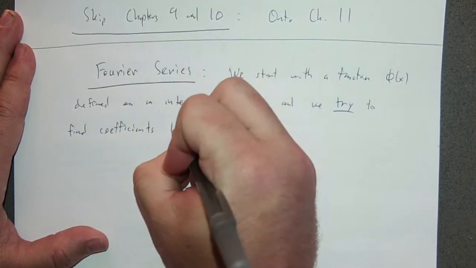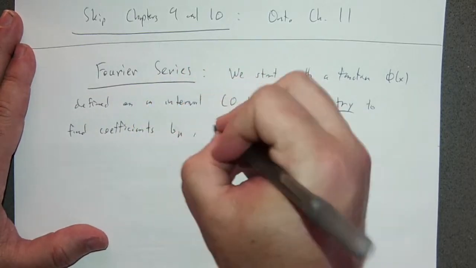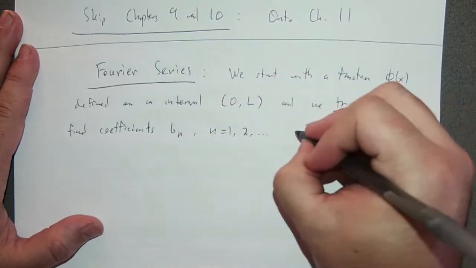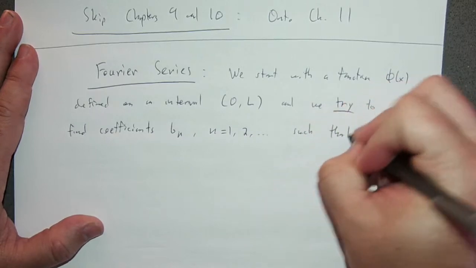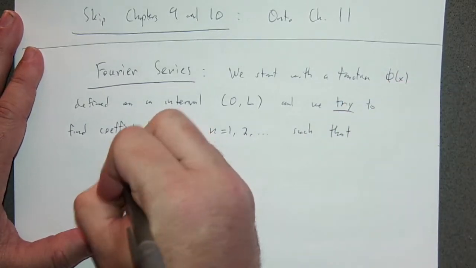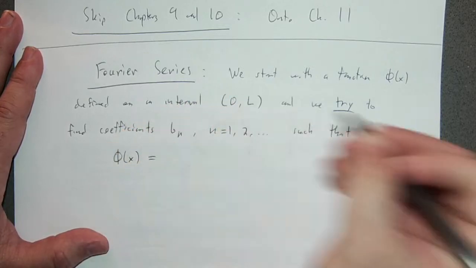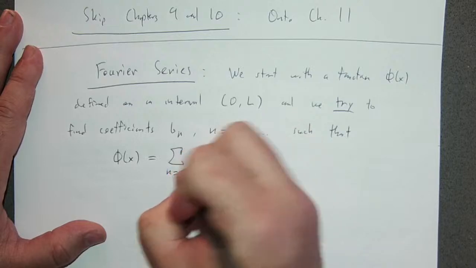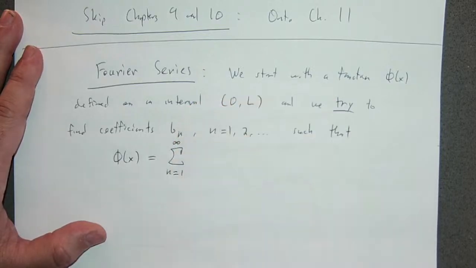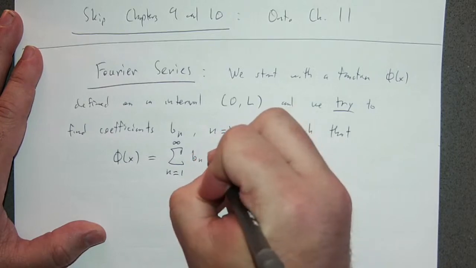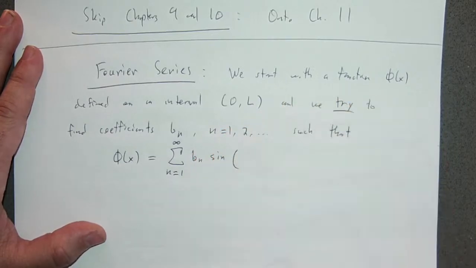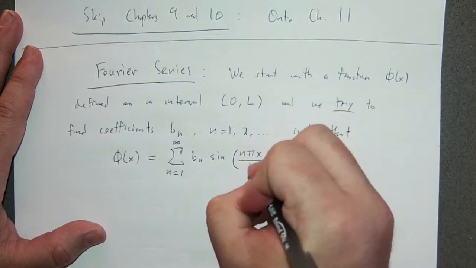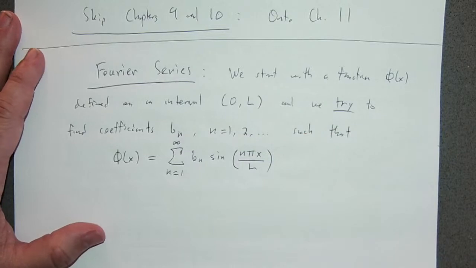We'll call them b sub n, where n is 1, 2, and so on, such that this phi of x can be written as a sum from n equals 1 to infinity of b sub n times the sine of n pi x over L.